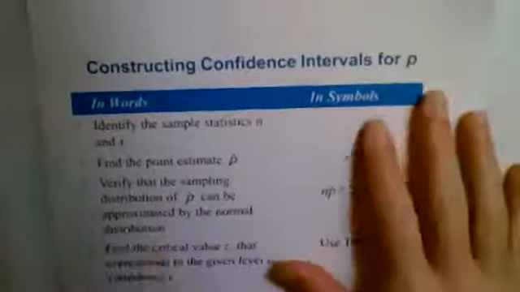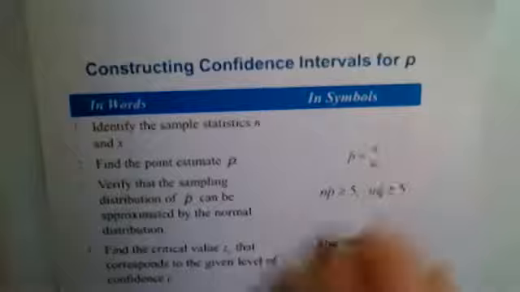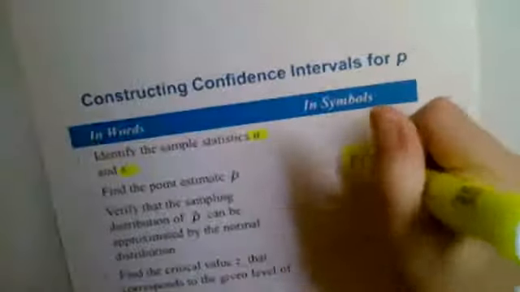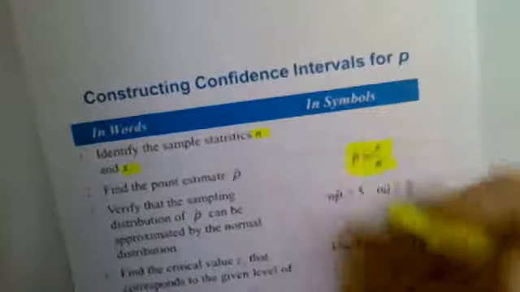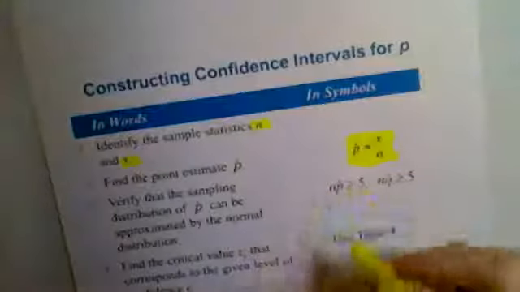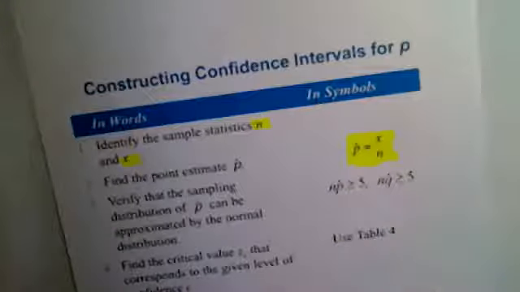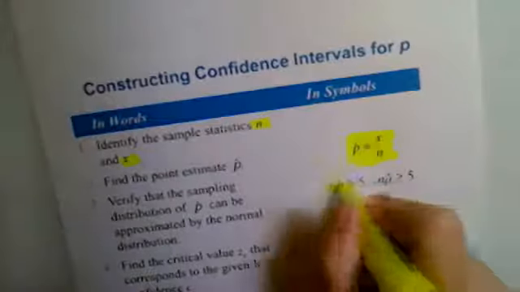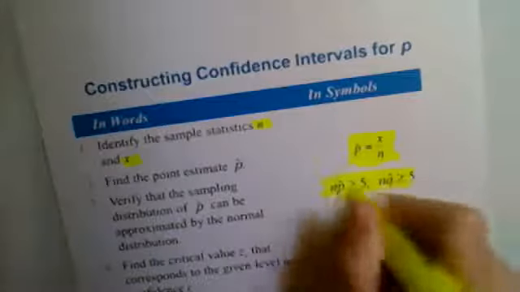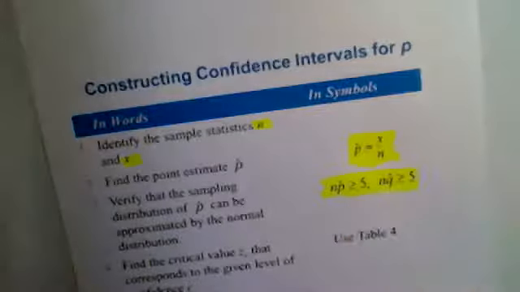All right, so let's just get a little summary here. So first, you're going to identify your sample statistic N and X. Find your P hat using this formula. Verify that the sampling distribution is approximately normal. And you can check this by verifying that N times P hat and N times Q hat are greater than 5.